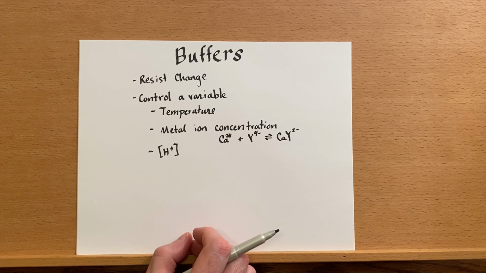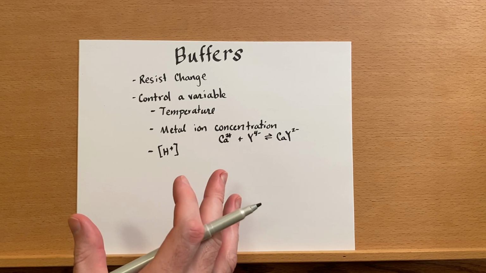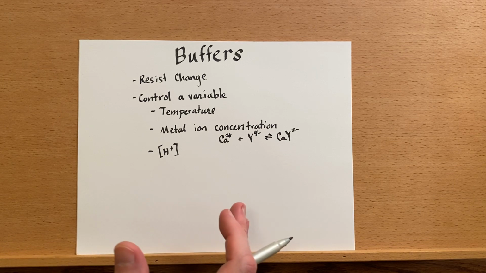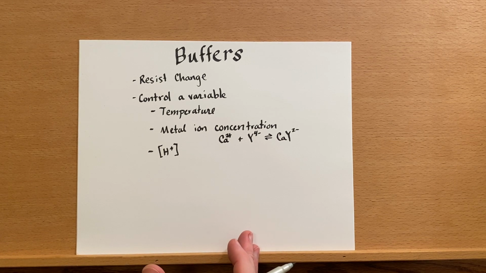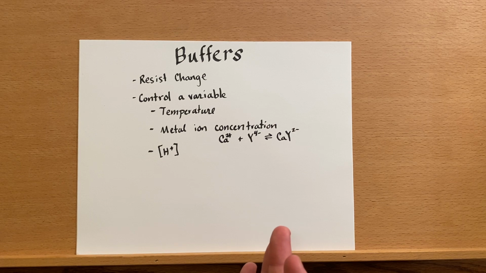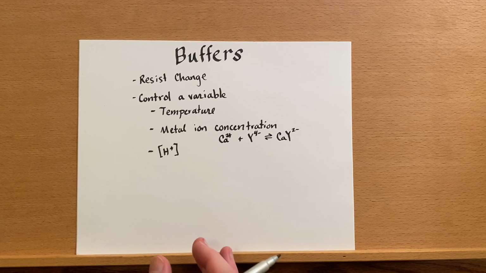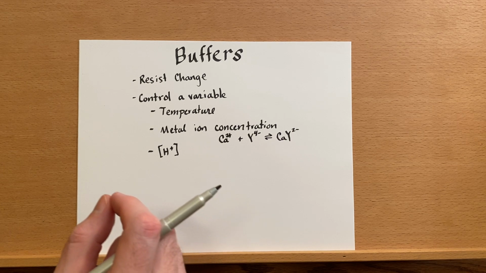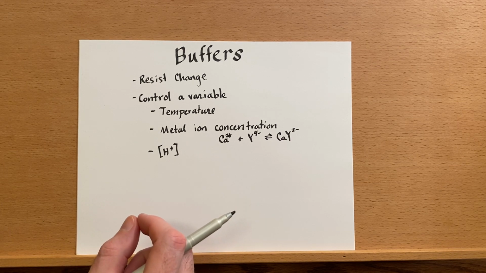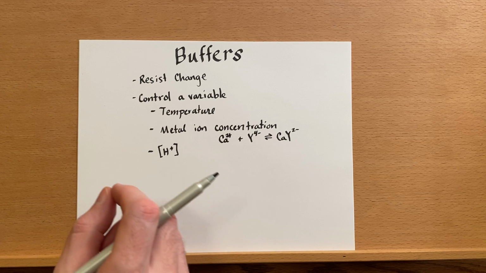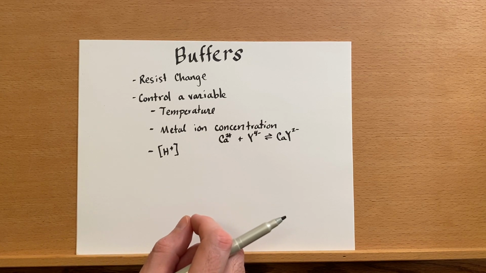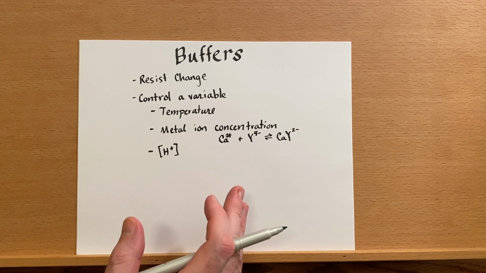A pH buffer is simply the combination of a weak acid and its conjugate base, or a weak base and its conjugate acid. But it is very important that they both be weak. That way, the acid and its conjugate base have acid-base properties.